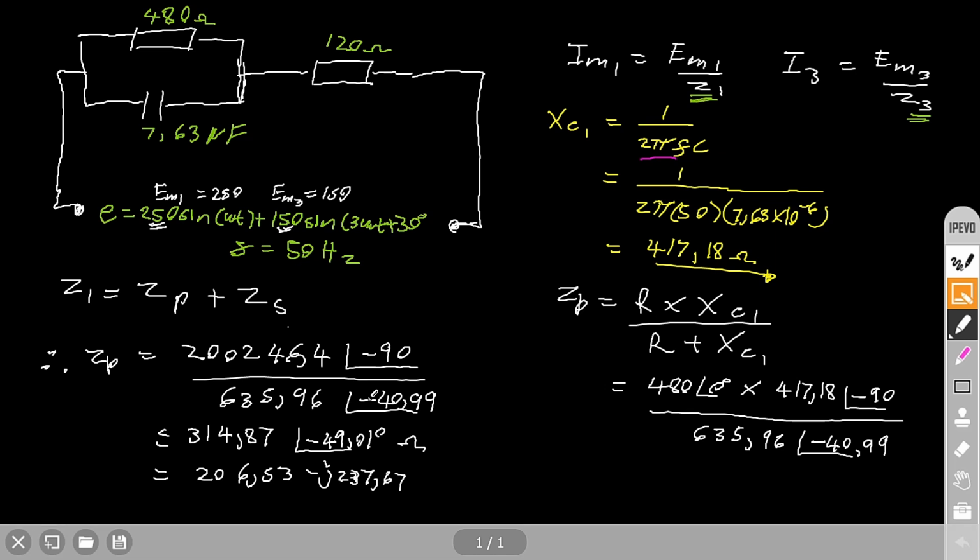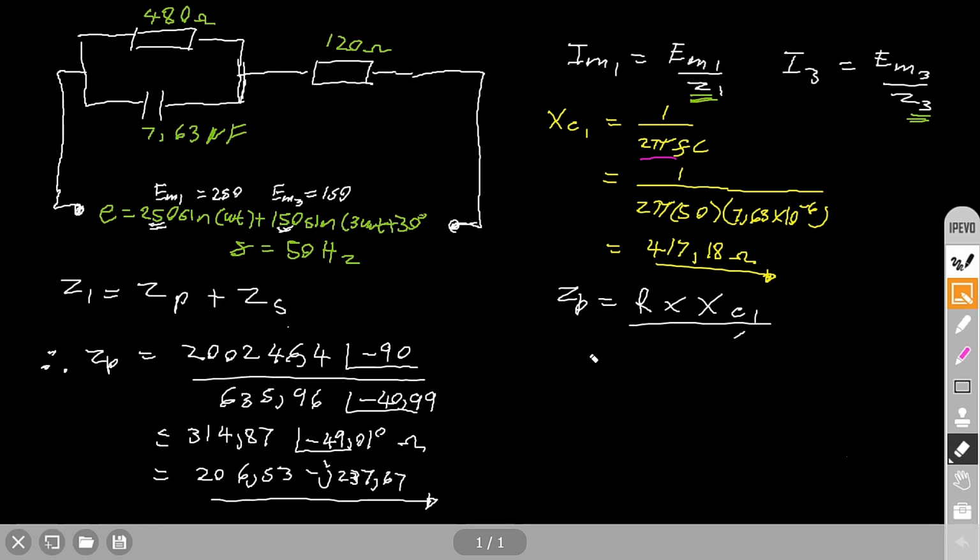So now, remember, guys, we have our Z parallel, but what we are fighting for is Z1. So we must add the Z parallel plus Z series. I'll just remove this portion. So now our Z1 is equal to Z parallel plus Z series.